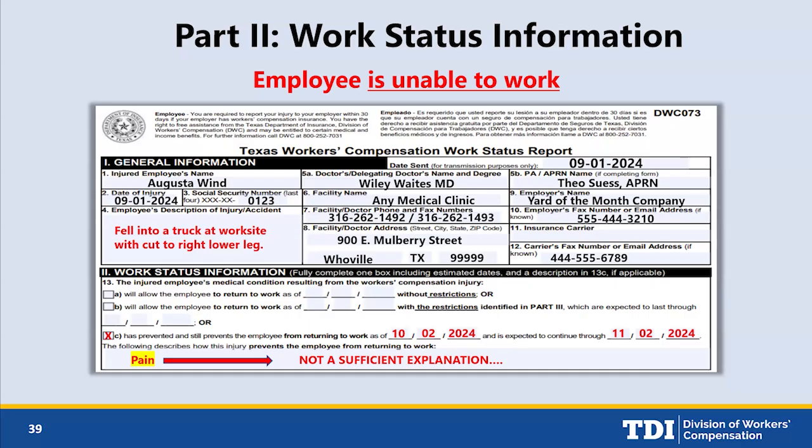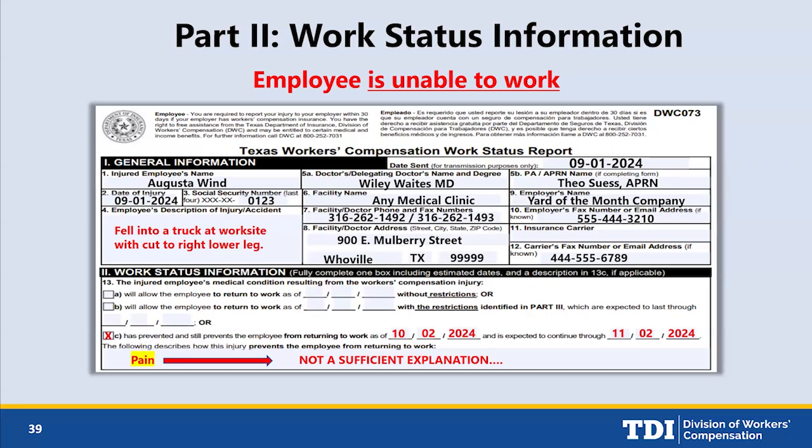So if you're checking 13C, again, a medical reason or a psychological reason, we have injured employees, of course, that have psychological injuries and trauma. So tell us how come they can't return to the workplace in any capacity. If you're just putting pain in there, again, not sufficient. And it may be the thing that's preventing them, but you need to tell us more why they cannot do anything back at the workplace.